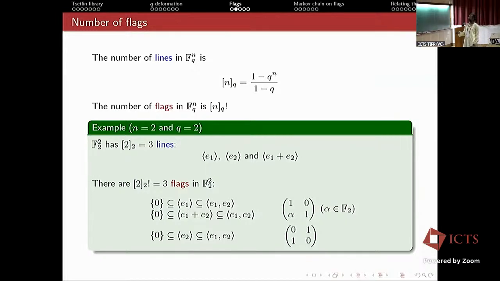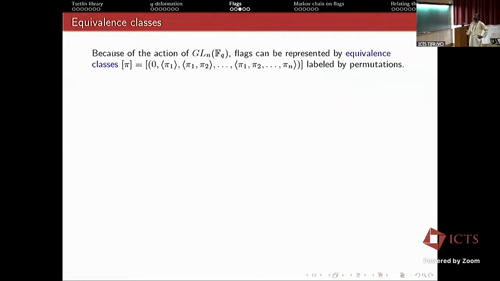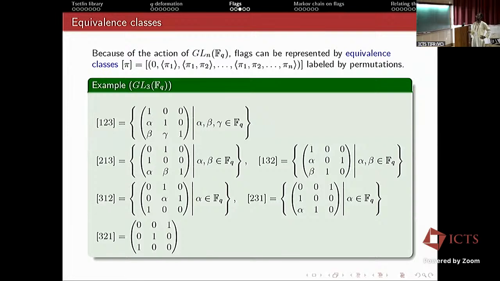So there's only one, I mean, these two are essentially the same. But we need the coset, double coset representative. So that's why I'm writing it this way for these flags. Okay, so again, you know that because of GL_n, these flags are represented in terms of equivalence classes. And for GL3, for example, there are 6 equivalence classes corresponding to the permutations.